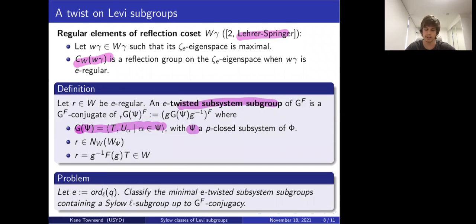So I've generalized things from parabolic subsystems to reflection subsystems. And you want to have this nice property that the regular element normalizes these reflection groups generated by the roots in this p-closed system. And then we conjugate by this g, and we get what we call the e-twisted subsystem subgroup when we take the F fixed point subgroup.